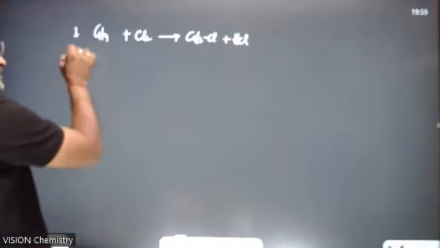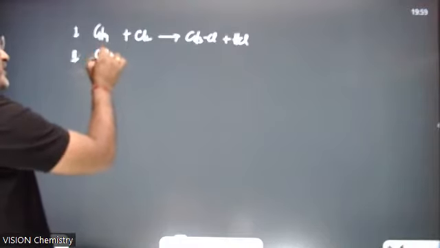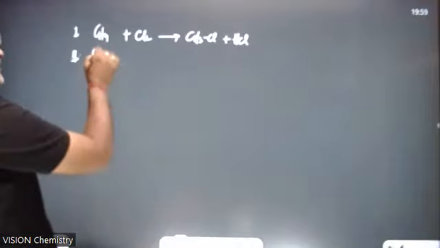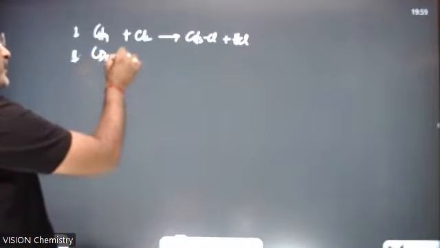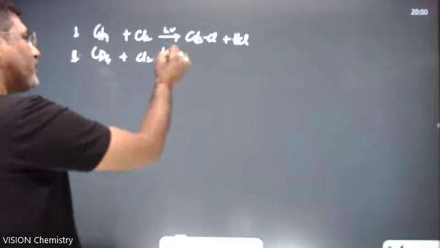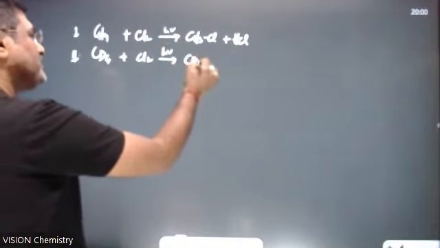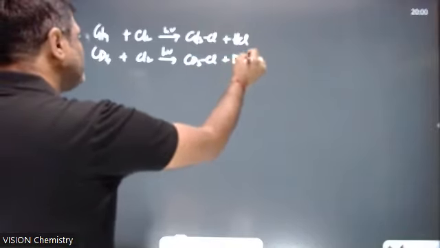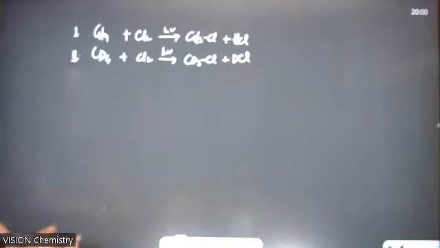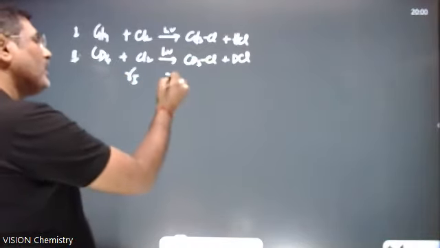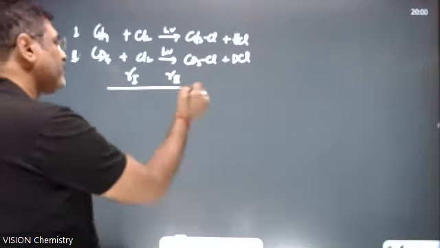And this one is the second reaction: CD4 plus Cl2 with h nu that gives CD3Cl and DCl. Now the point is to compare R1 and R2.